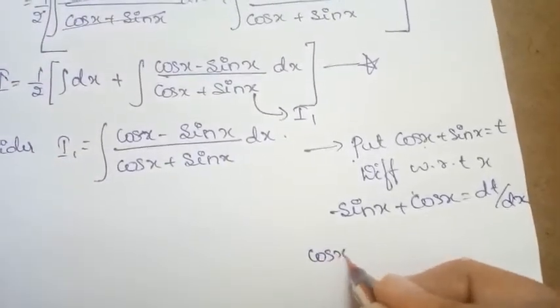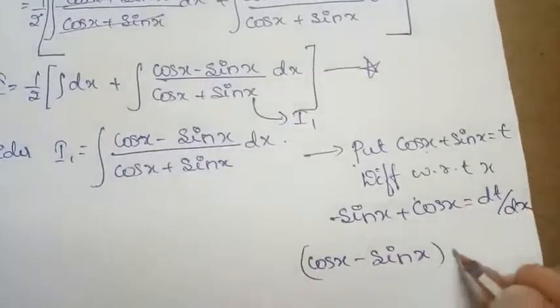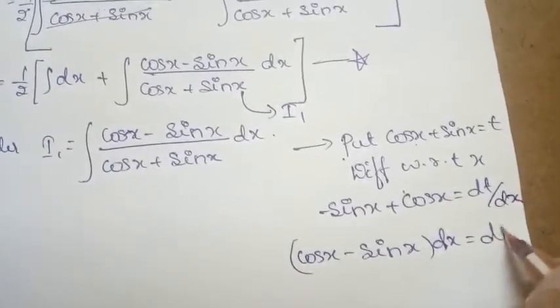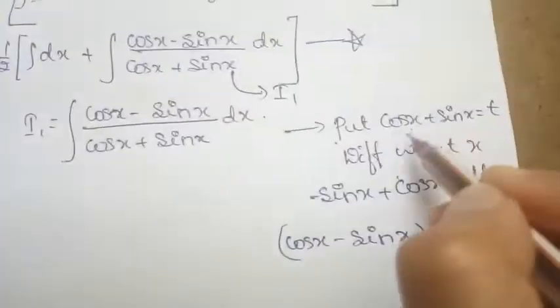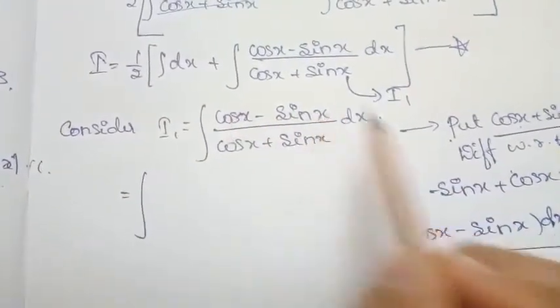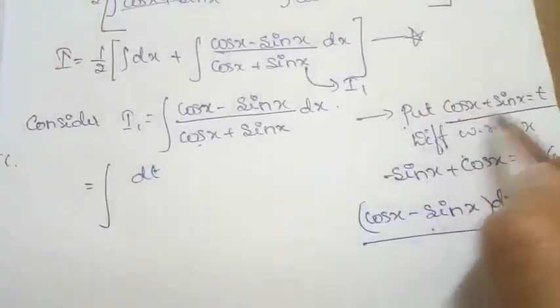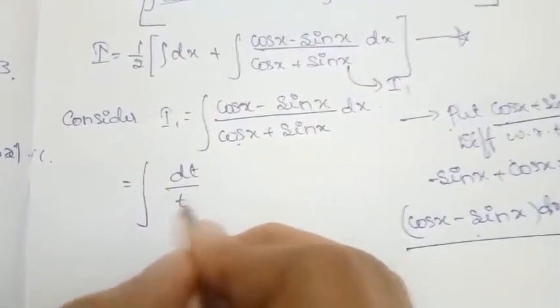So it becomes cos x minus sin x. If I bring this dx to the LHS, it becomes cos x minus sin x into dx equals dt. Now we have the values of t and dt, and we substitute them back in this equation. It becomes cos x minus sin x into dx, which is dt, over cos x plus sin x, which is t.